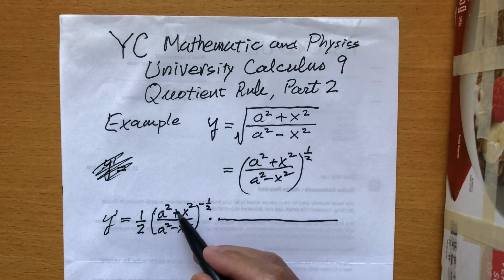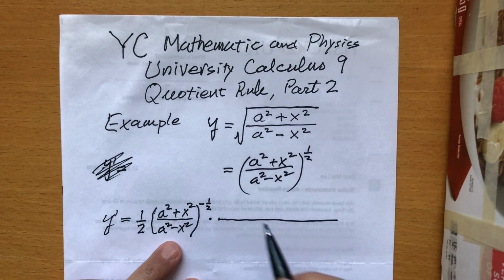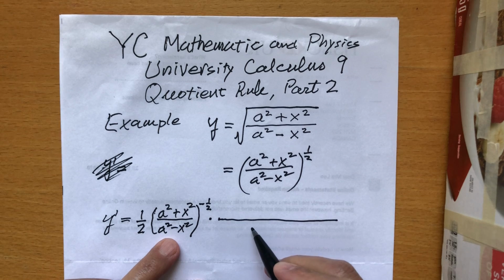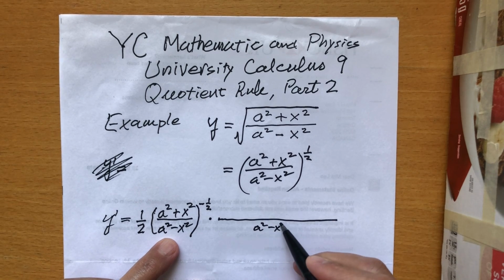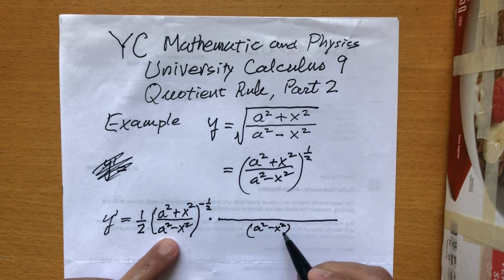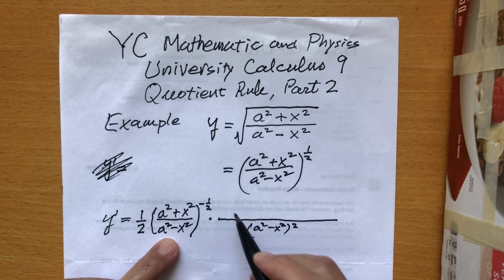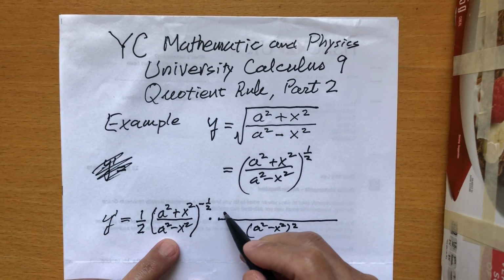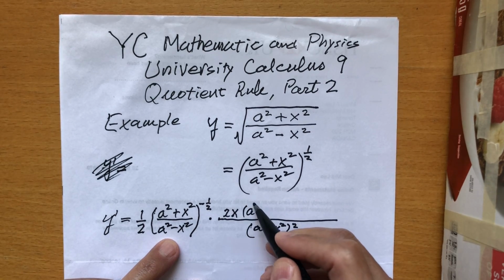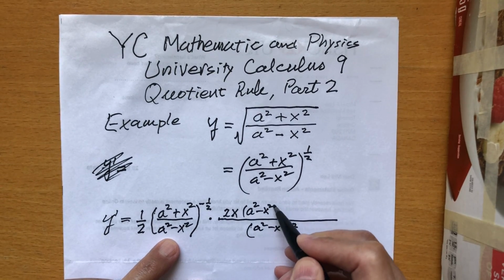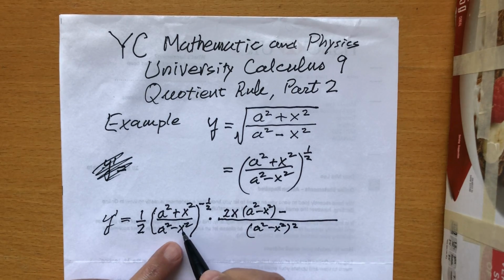Now this is a quotient. This divided by that is a quotient. So I have u over v. Then the denominator is v squared. The numerator is u prime v, u prime is 2x, times v, minus v prime u. v prime is negative 2x.